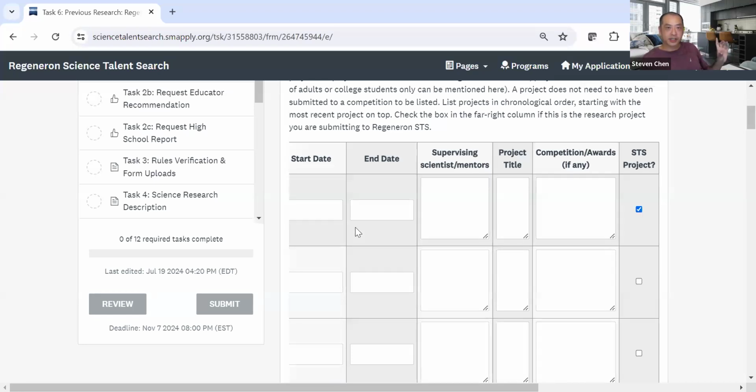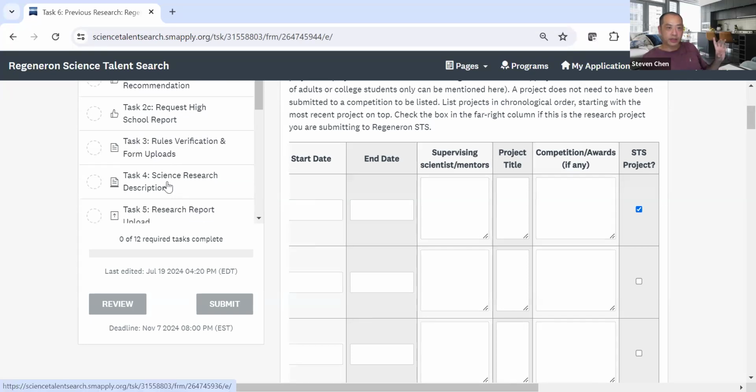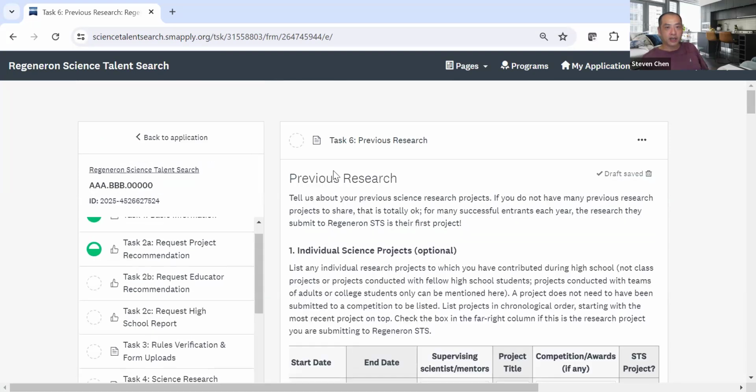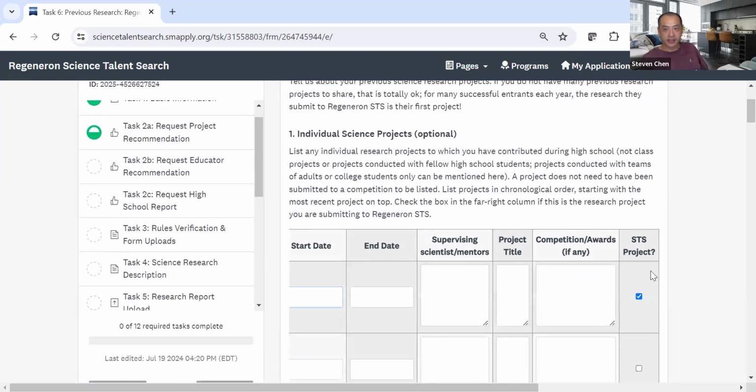So my suggestion is you put the STS projects that you use in task 4 and 5 here as the first one. Although this task is called previous research, since the examiner asked you this question about what is an STS product, think about it: if everything is previous research and nothing is used for STS, what's the point of creating this column, right? So begin with the one that you use in task 4 and 5.